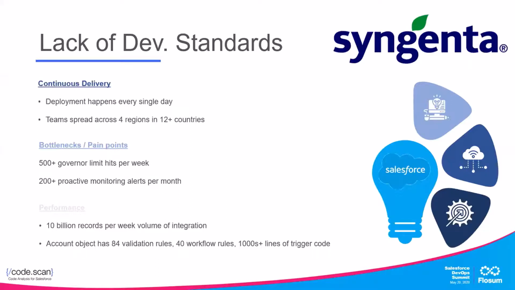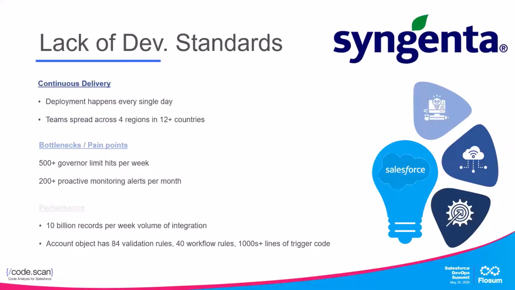Regarding the complexity of the customization, the account object alone has 84 validation rules, 40 workflow rules, 6 Process Builder processes, a few Lightning flows, plus thousands of lines of trigger code. And guess what? With all this complexity, we still get single-second response time most of the time. Occasionally it does go to double digits, but most of the time we get single-second response.